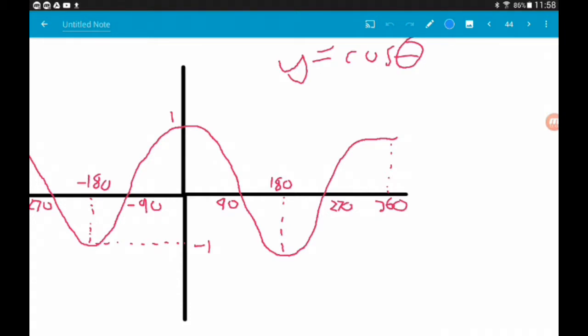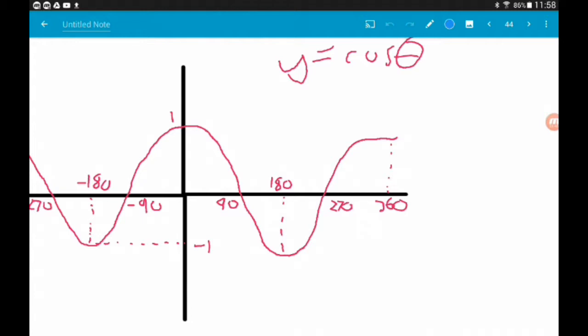Our trough is at 180 degrees, and that has a y value of -1. So cos, just like sine, has a period of 360 degrees. A period basically means how far we go along the x-axis before the graph starts repeating itself again.